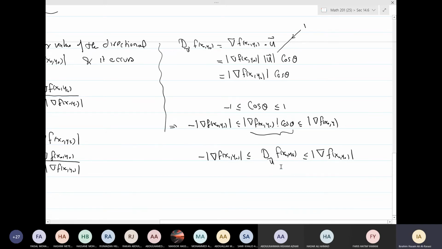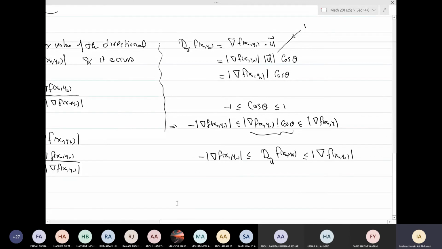It is this one, because everything is less than or equal to it. It is the magnitude of the gradient. What is the smallest possible value for the directional derivative? This one. So this is the largest possible and this is the smallest possible.